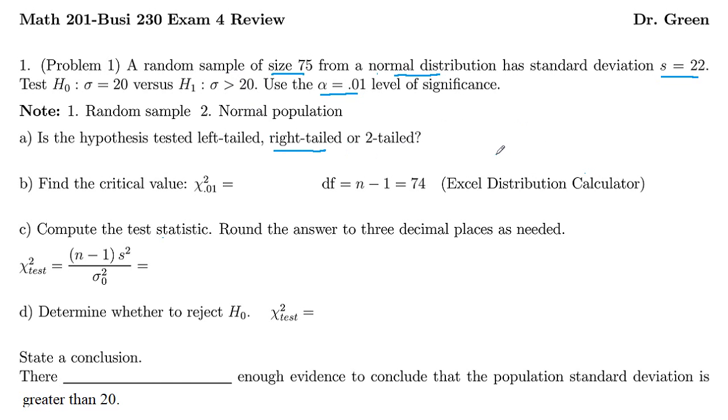And the book should emphasize this more. They don't, but that chi-squared distribution looks like this. It's a skewed distribution. And they call it a right-tailed distribution because if you find the critical value, in this case chi-squared 0.01, that's going to be on the right-hand side of the distribution.